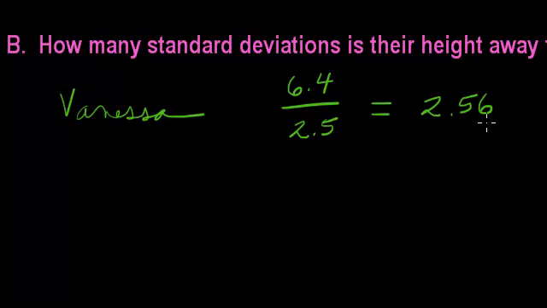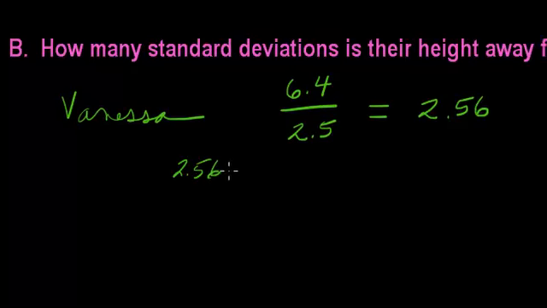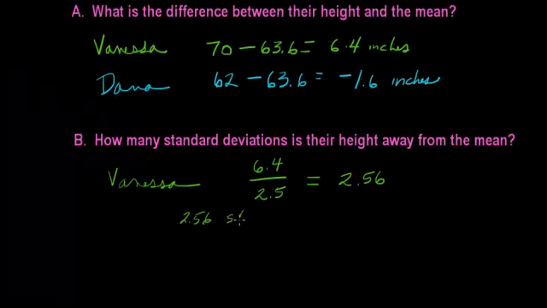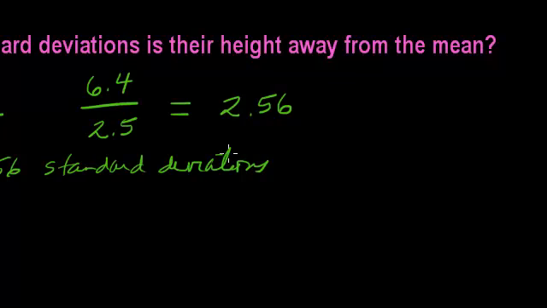So what that says to us is that Vanessa's height is 2.56, a little over 2.5 standard deviations above the mean. Now we know she was taller than the mean, but we also got a positive result, so that gives us that clue.